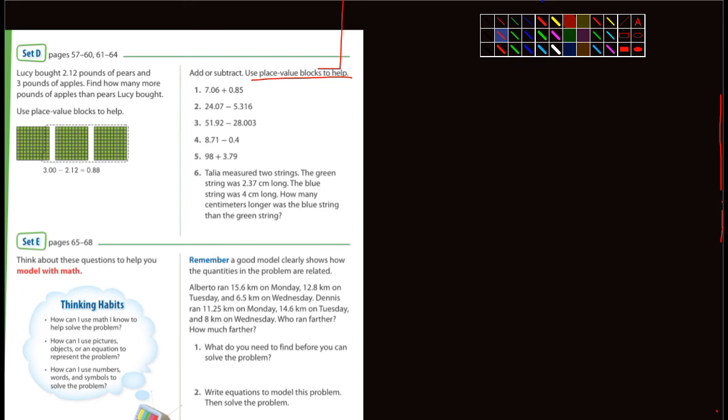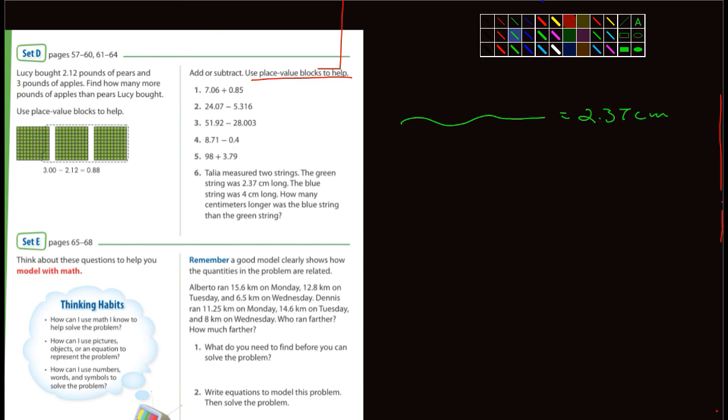Number 6 here, Talia measured 2 strings. The green string was 2.37 centimeters long. The blue string was 4 centimeters long. How many centimeters longer was the blue string than the green string? So here's a green string, and the green string was 2.37 centimeters.